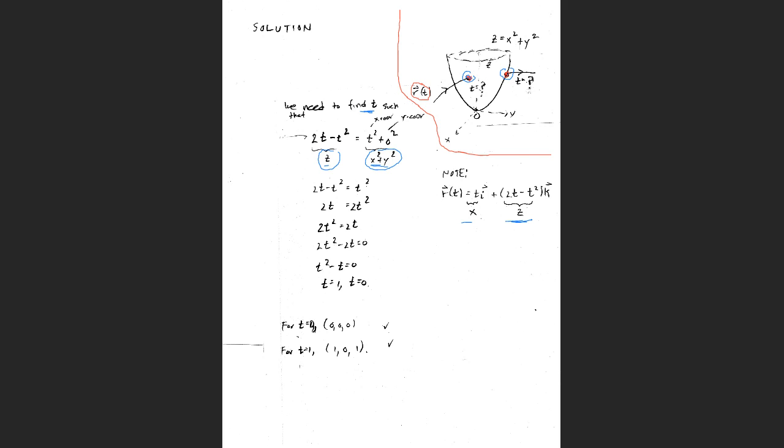So to find the times of entry and exit, I take the z component of the space curve and set it equal to the x component squared plus the y component squared. See how I did that?